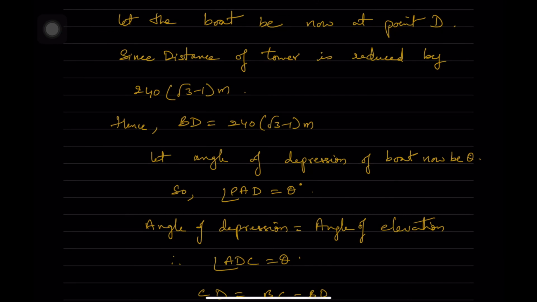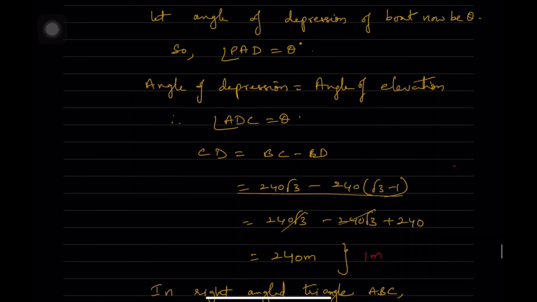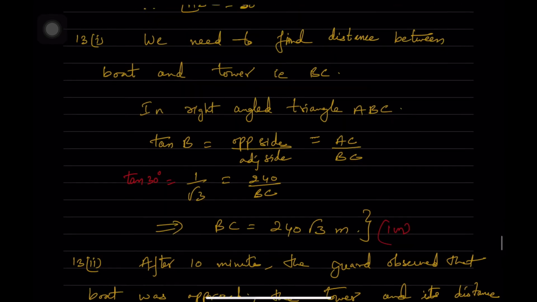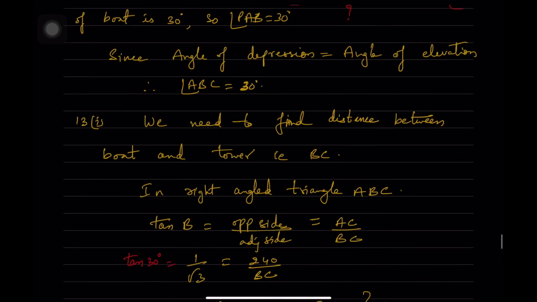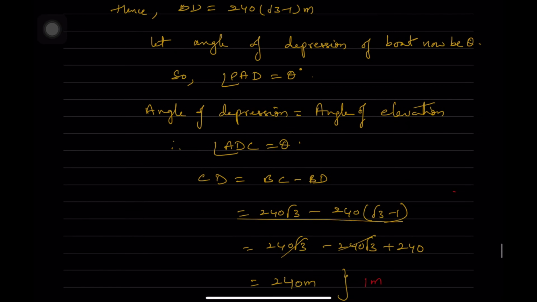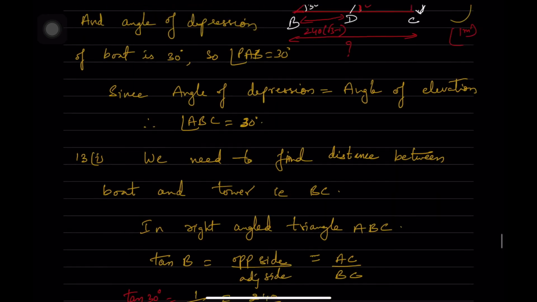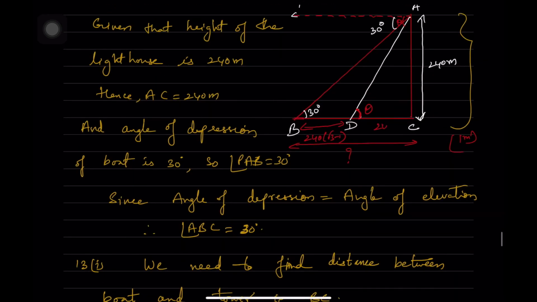Let the angle of depression of the boat now be theta. Therefore angle PAD is equal to theta. Angle of depression is equal to angle of elevation, which means angle ADC is equal to theta. Now what is CD equal to? CD is equal to BC minus BD. So now BC, we have found it out to be 240 root 3.